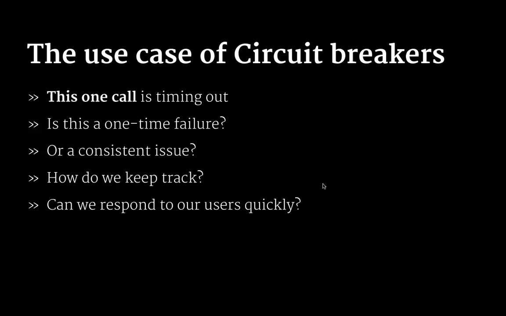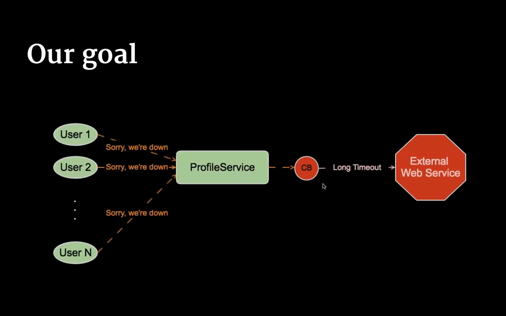What we want then is the ability to detect this pattern of consistent failures and to respond to our users very quickly. So we're looking for something like this. Here, in between the profile service and our external web service, we've added one component: my circuit breaker.